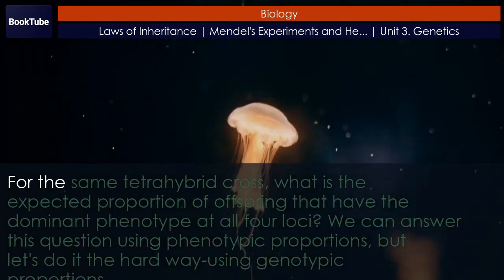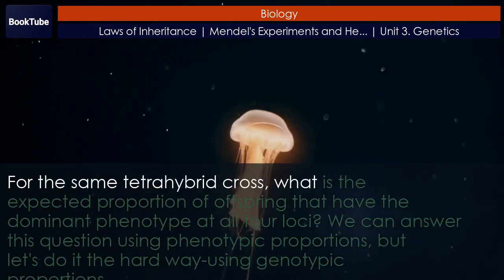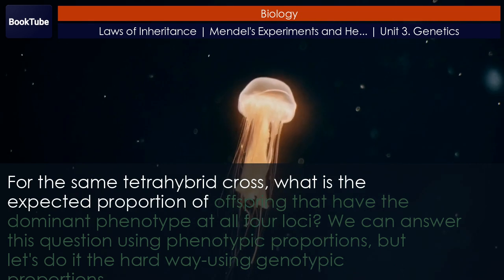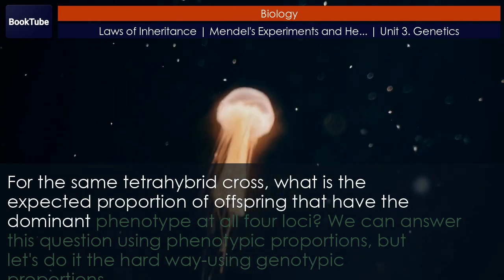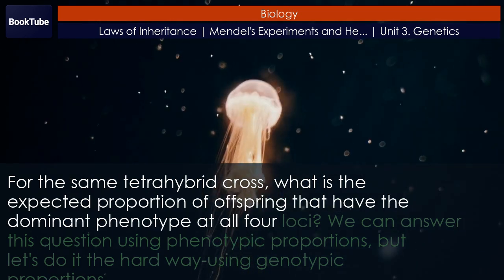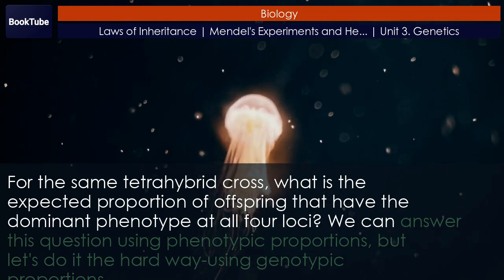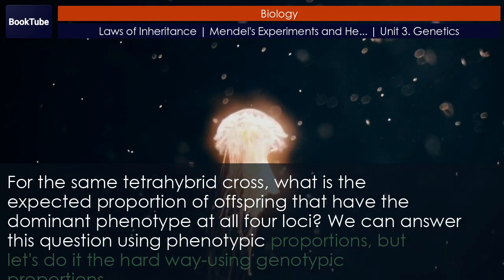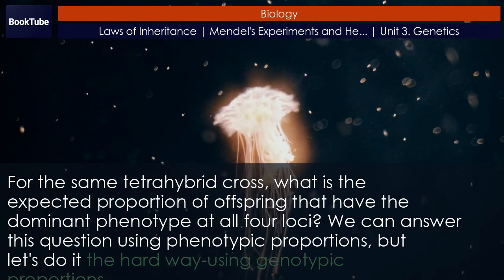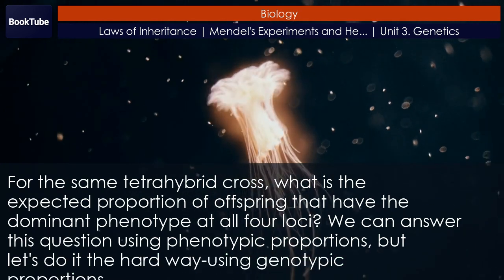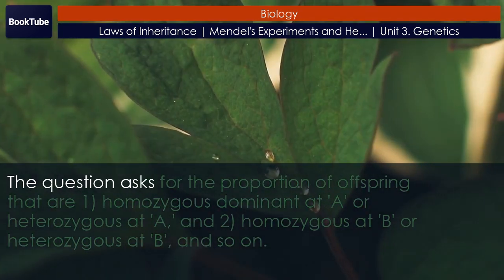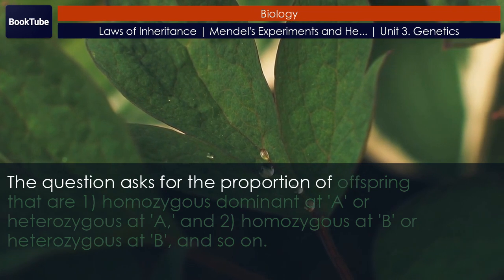For the same tetrahybrid cross, what is the expected proportion of offspring that have the dominant phenotype at all 4 loci? We can answer this question using phenotypic proportions. But let's do it the hard way using genotypic proportions. The question asks for the proportion of offspring that are 1.